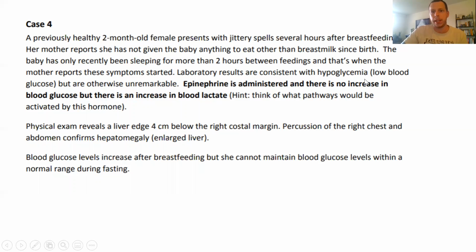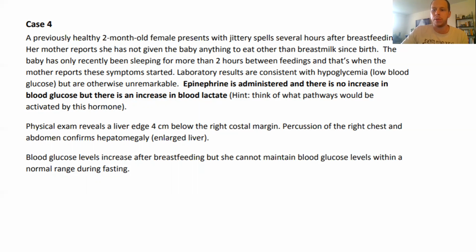So that's where my big idea is, where to do research and where to look in pathways to see what's wrong. The next clue I see is the response to epinephrine. This was the big, more specific clue to help me narrow it down. It normally activates gluconeogenesis and glycogenolysis.